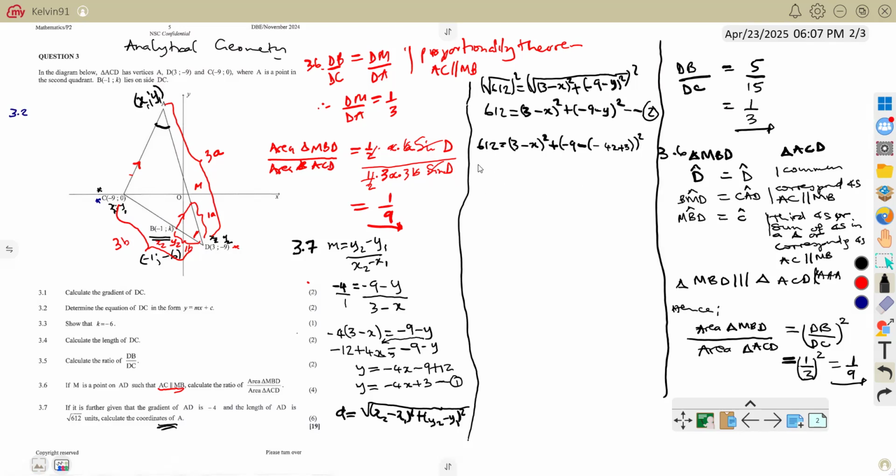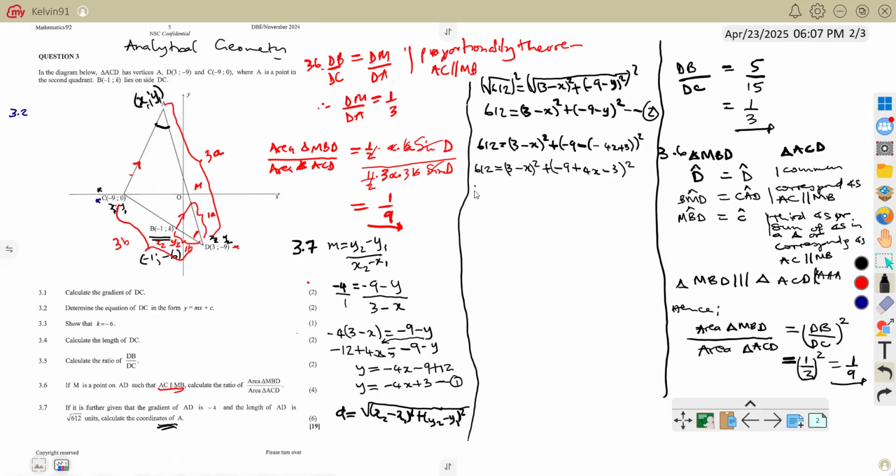So this 612 will be equal to 3 minus x squared plus, we are having minus 9, minus minus becomes plus 4x, then minus 3, squared.